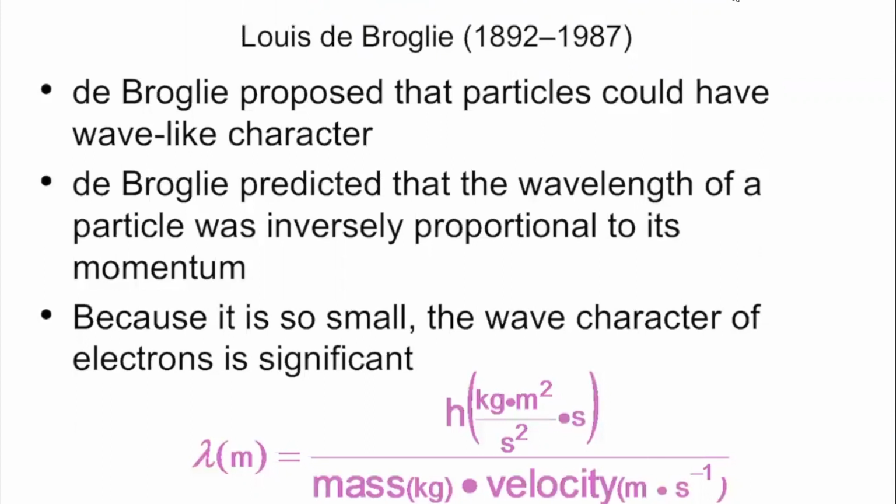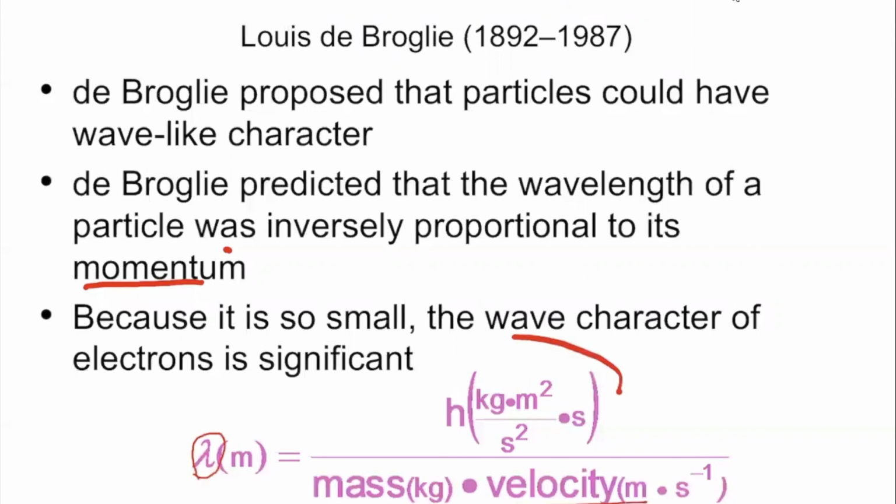De Broglie predicted that the wavelength of a particle is inversely proportional to its momentum. Because the electron is so small, its wave character is significant. Using this equation, we can calculate the wavelength if we know the mass, the velocity, and Planck's constant.